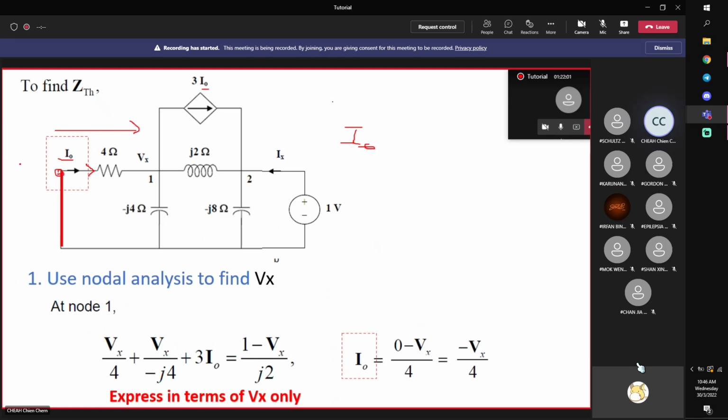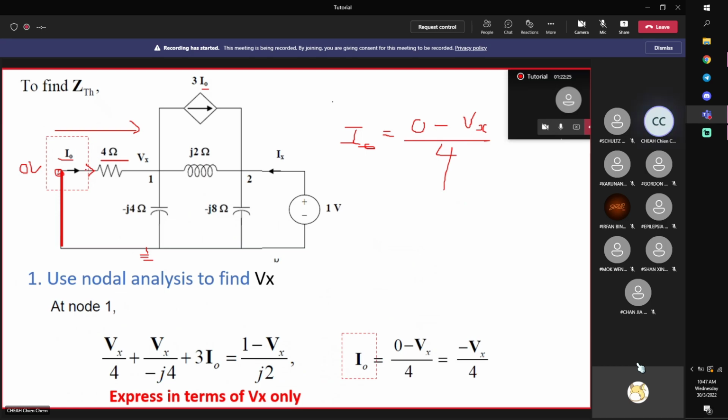This voltage is 0 volts, connected to ground. So the voltage across the 4 ohm resistor, because I'm flowing this way, is 0 minus Vx, divided by 4, so it's negative Vx divided by 4.